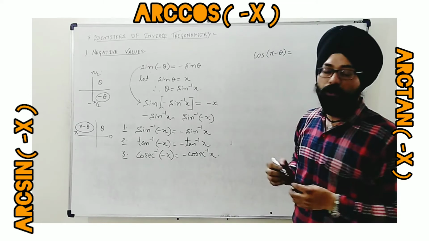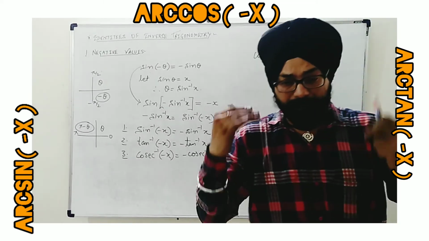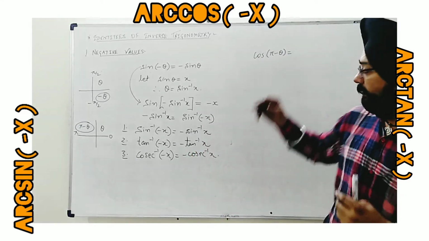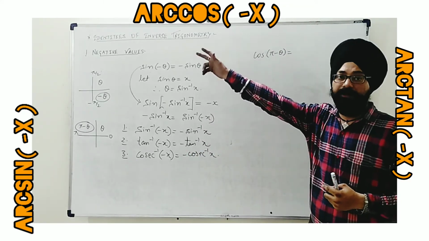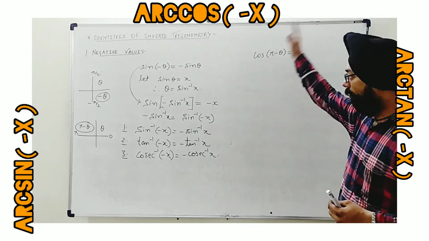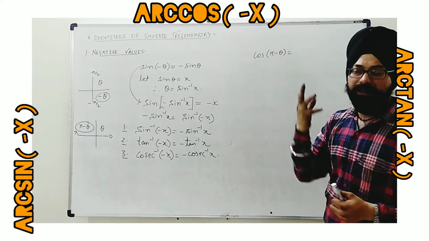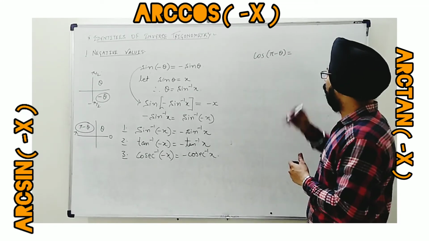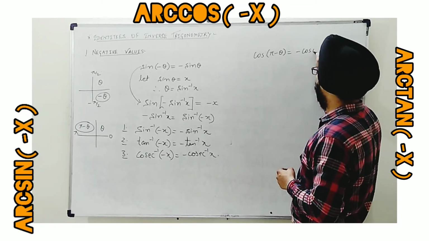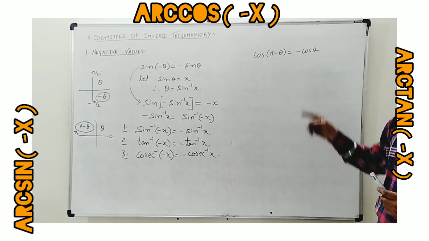When you solve cos of pi minus theta using the concept of allied angles, I am repeatedly saying, if you don't know, then use normal trigonometry from earlier classes and learn those identities very well, then only you will understand all these ideas. Cos of pi minus theta, using allied angles, is equal to minus cos theta. The same pattern I am going to follow.